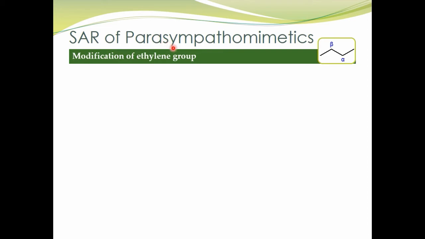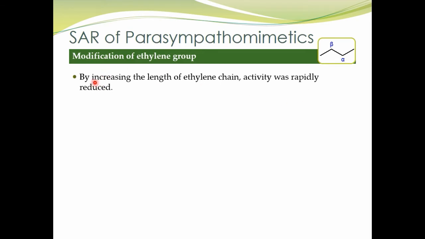Next is modification of the ethylene group, means CH2CH2 carbons. By increasing the length of the ethylene chain, activity was rapidly reduced. Now this is CH2CH2.